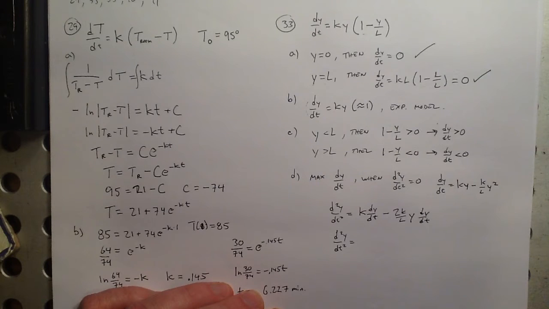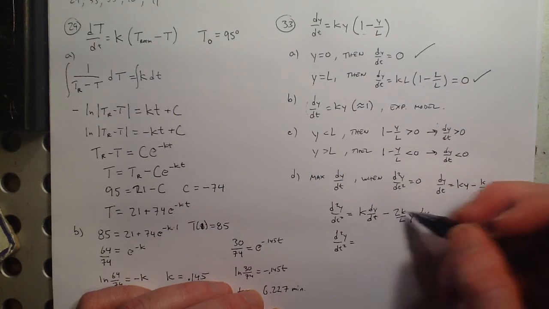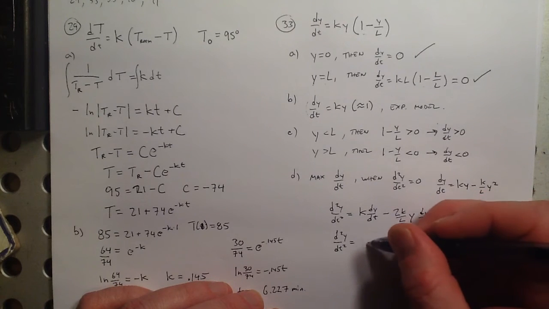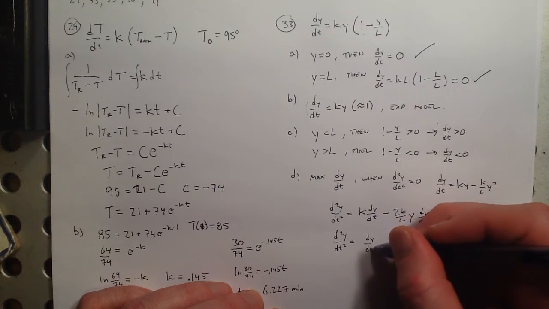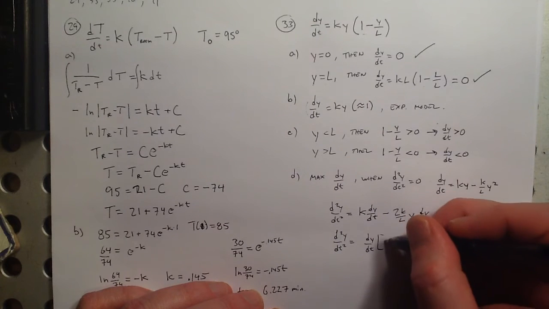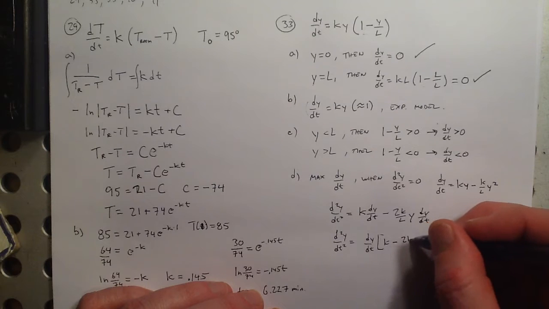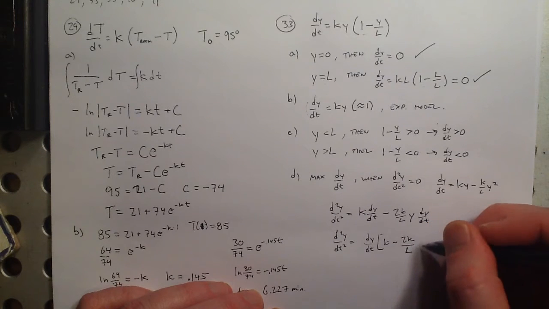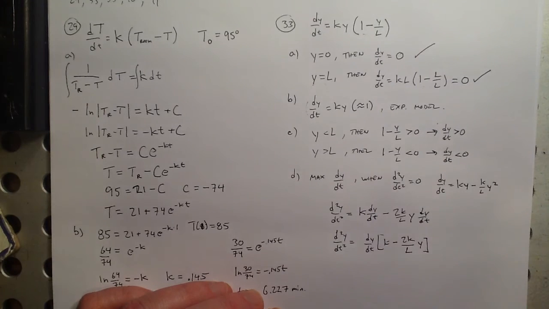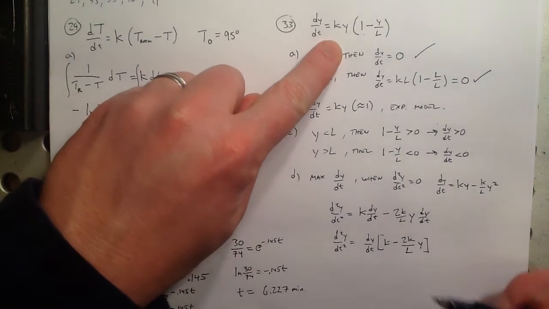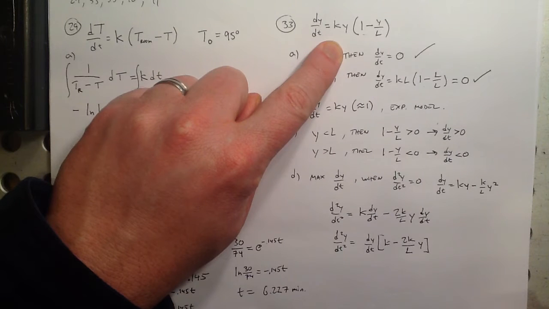Now attempting to clean that up some, we can factor out the dy dt. So that gives me dy dt times k minus 2k over L y, and dy dt is this, right?